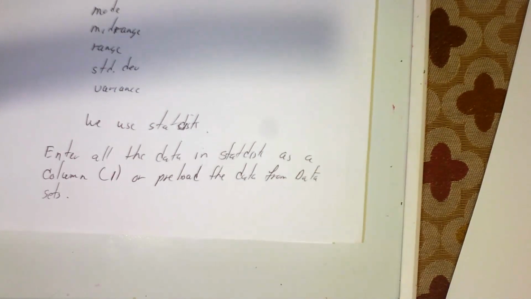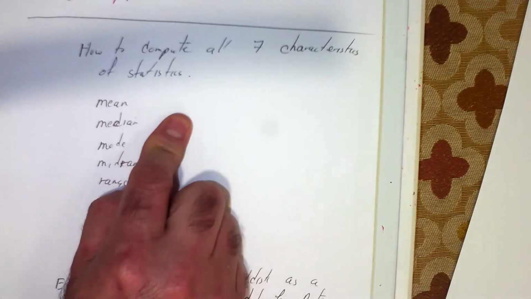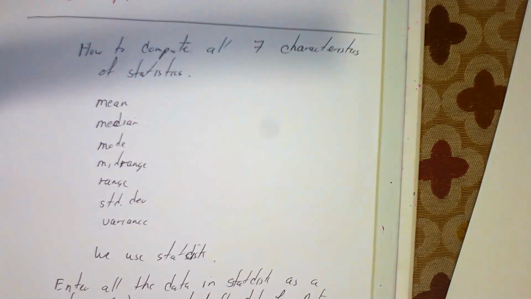Just FYI, when you do section 3.1, you're going to find the first 4 items: the mean, the median, the mode, and the mid-range.